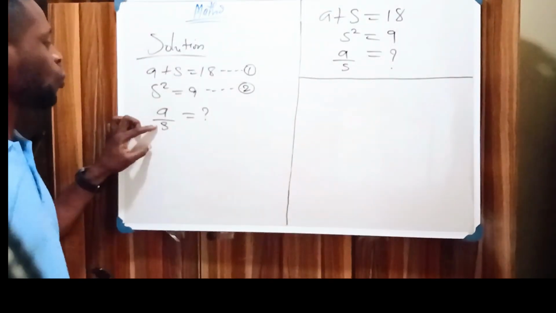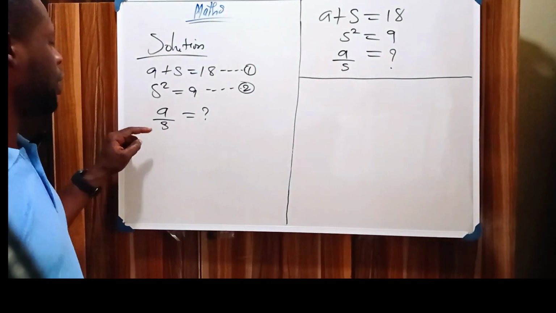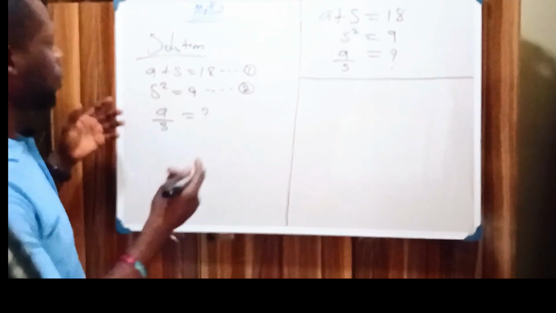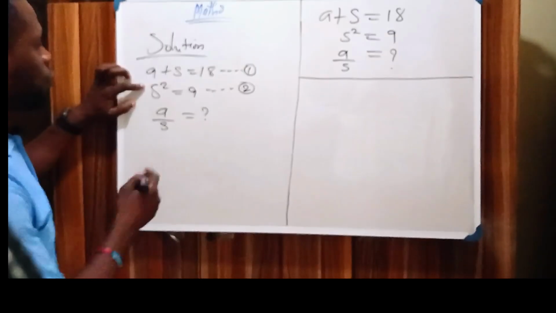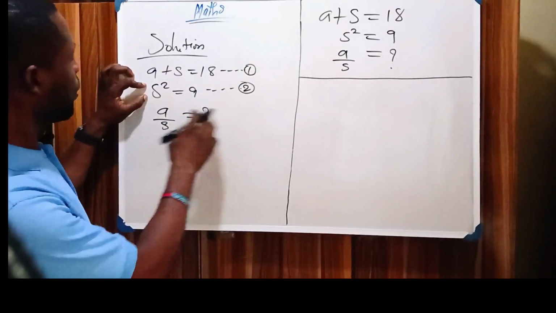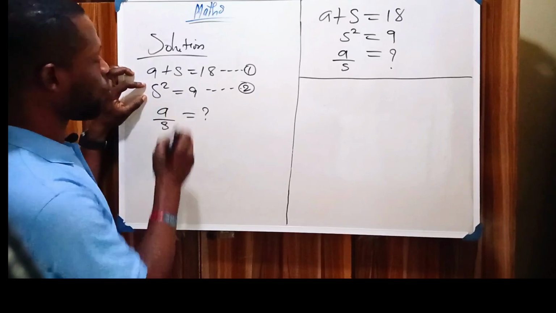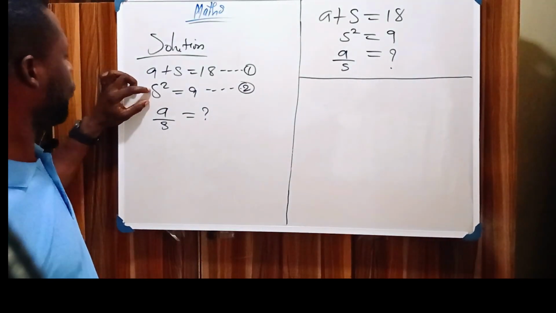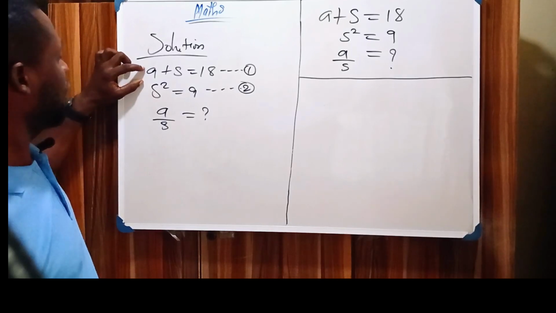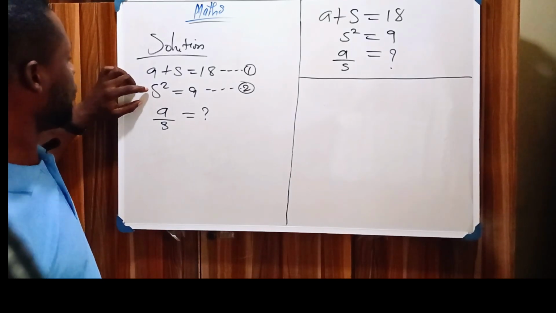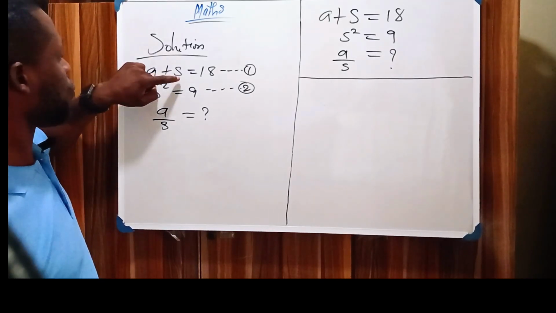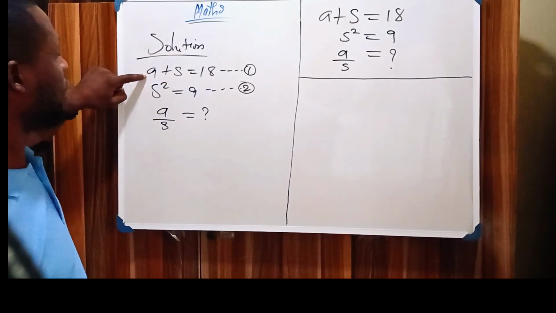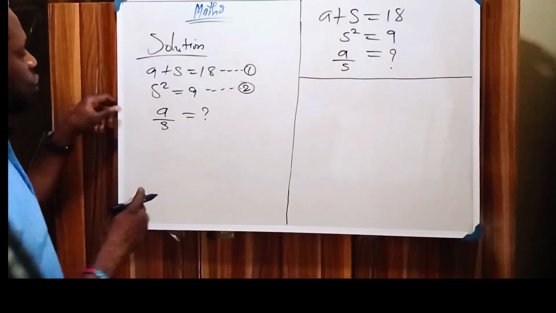So what are we going to do? First, we are going to take care of s squared equal to 9. If we are able to get the value of s, we can get the value of a by substituting the value of s into equation 1.